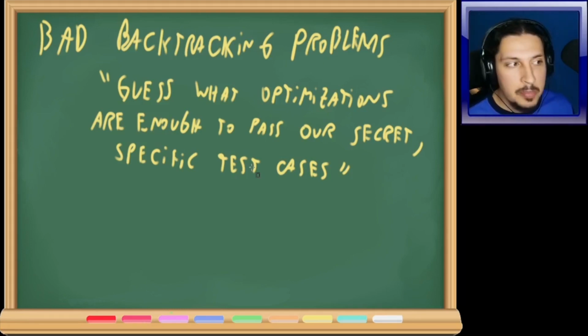And bad backtracking problems are those where basically the expected solution is, well, guess what optimizations are enough to pass our secret specific test cases? Basically I want the contestant to code this or that optimization. That is my plan, so to say.